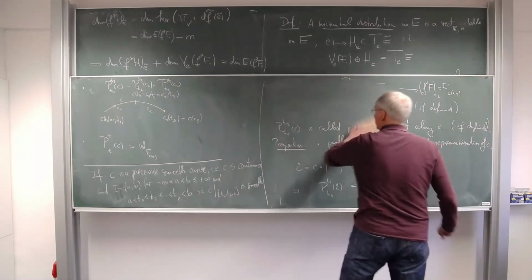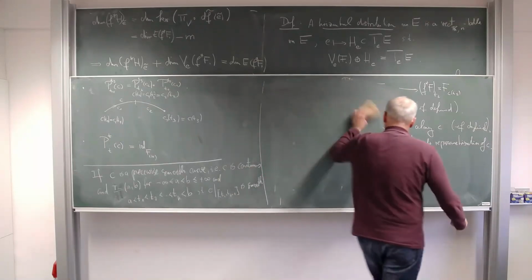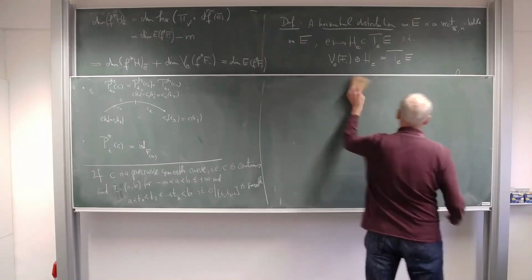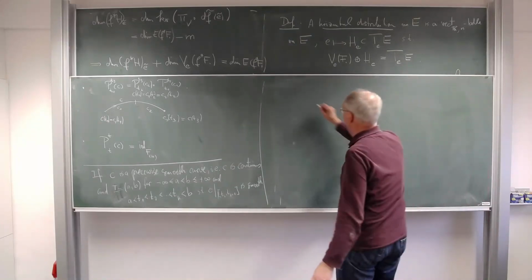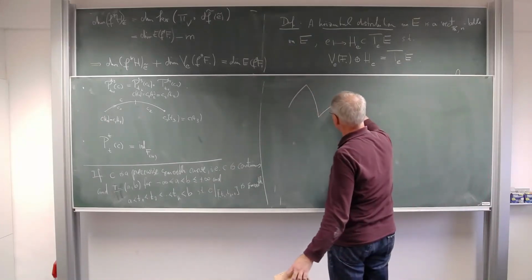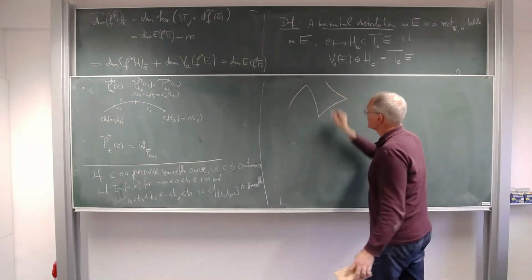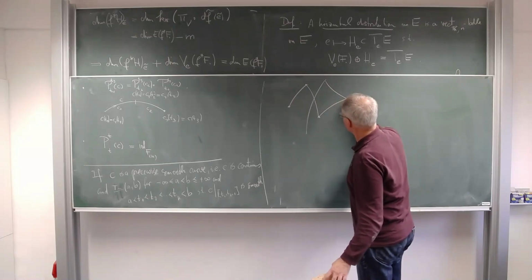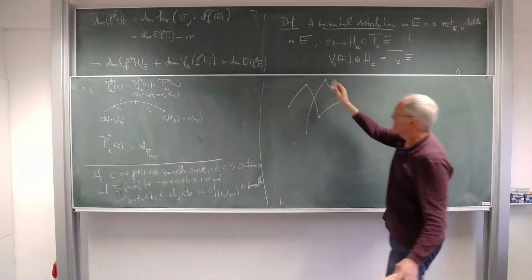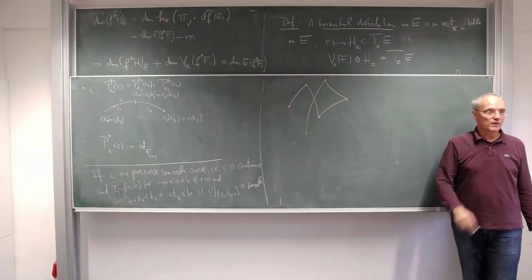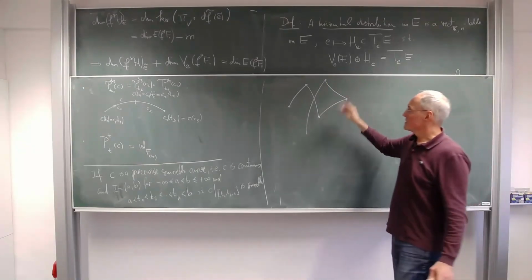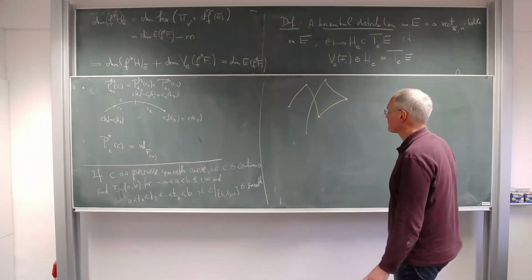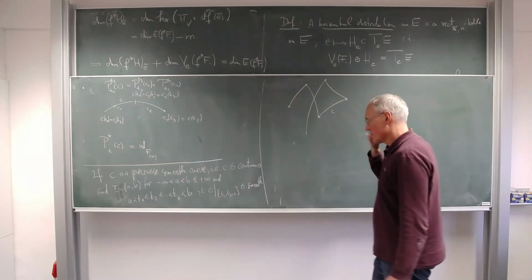So what I just want to say is that I have something like this. I have my curve, which looks like this. It consists of finitely many arcs, which are all smooth and fit together continuously at the breakpoints, at these non-smooth points. So that's my C.